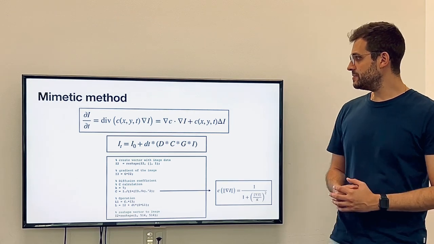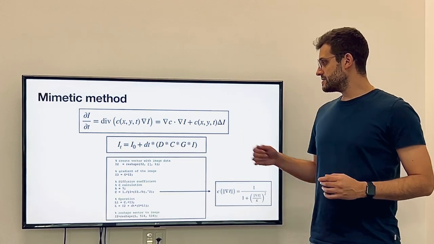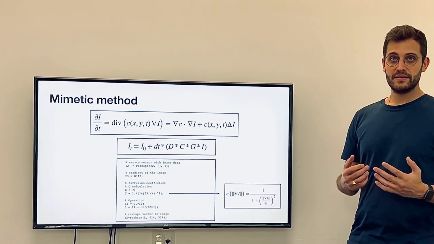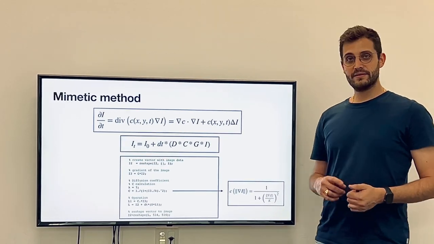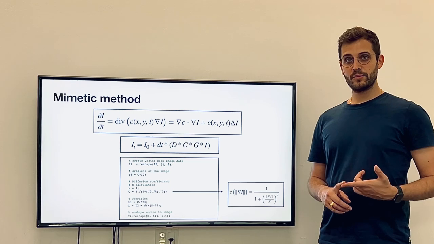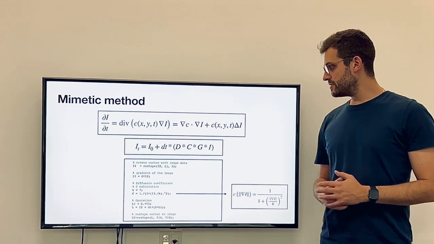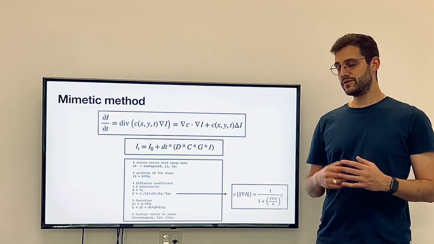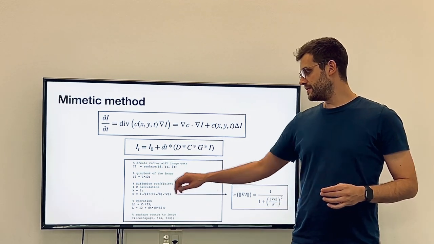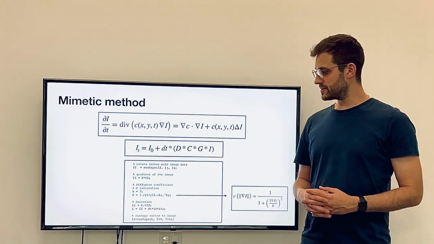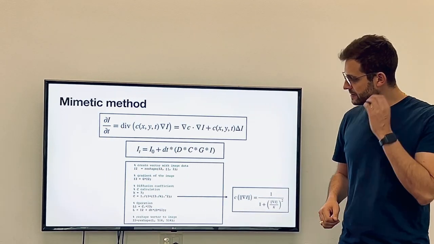Now, how did I implement it? Here's the equation again, and I defined the mimetic operators like the divergence operator and the gradient operator, and then I used them. So I first reshaped my image into a vector, then I calculated the gradient for the actual image, and for each iteration I did that.